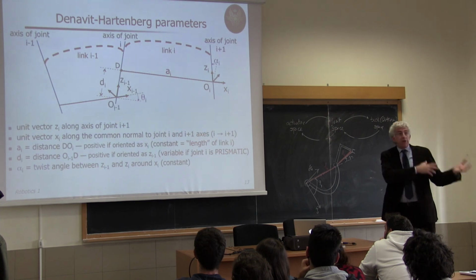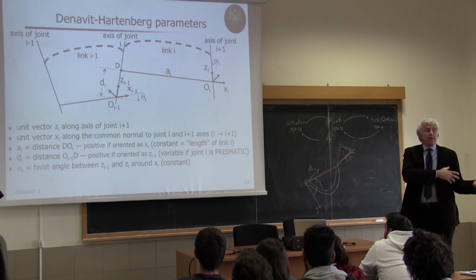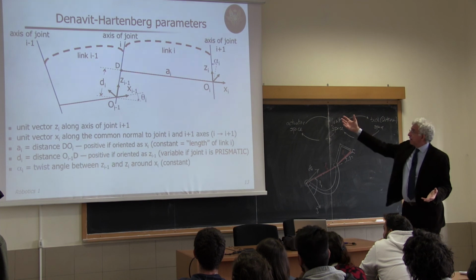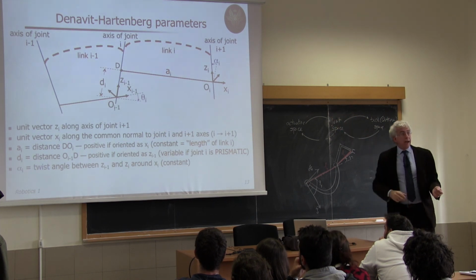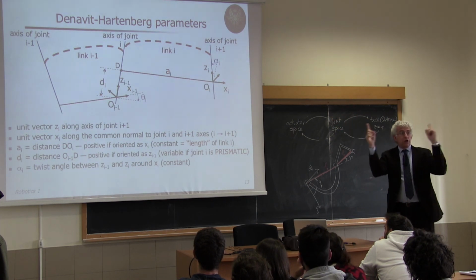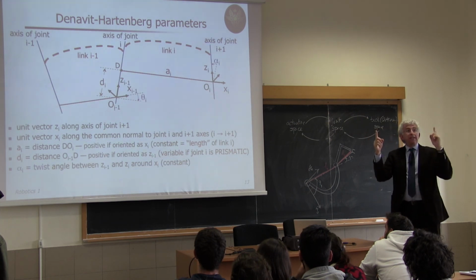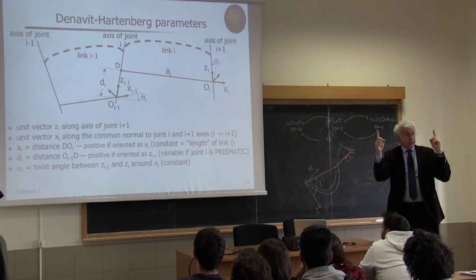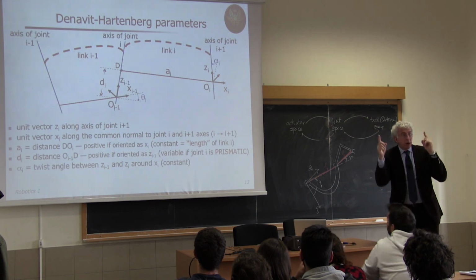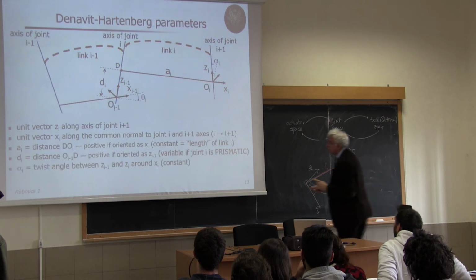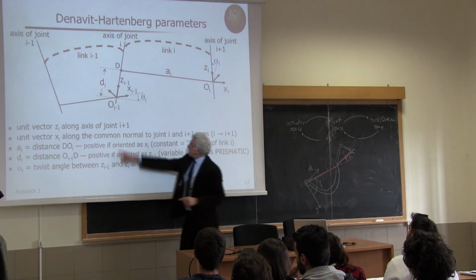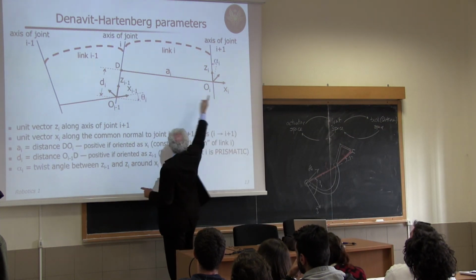So I have already defined frame I minus 1. Now I'm defining how to get to frame I. So along the joint axes I and I plus 1, I have zi minus 1 and zi. So I need to compute this twist. But now I can give you a sign, because it's the angle between zi minus 1 and zi.